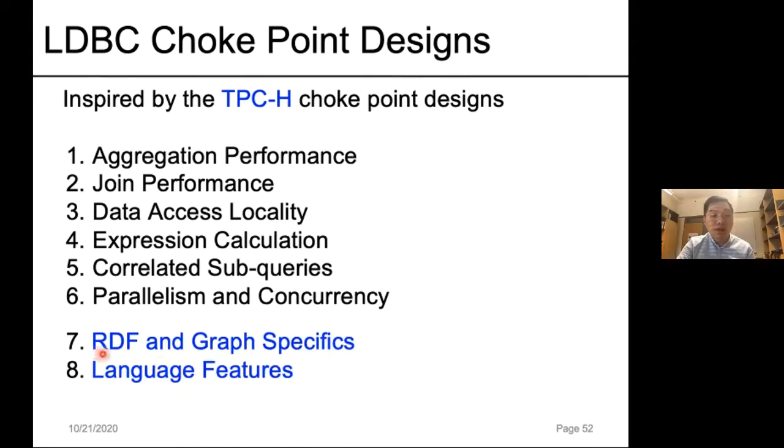The RDF and graph specifics consider some more graph-based features. For example, one choke point measures the query optimizer's estimate of the cardinality of transitive paths. And the language features mainly focus on 2 graph query languages, Cypher and SPARQL. For example, they measure whether they can express complex patterns, aggregation, and handling paths.